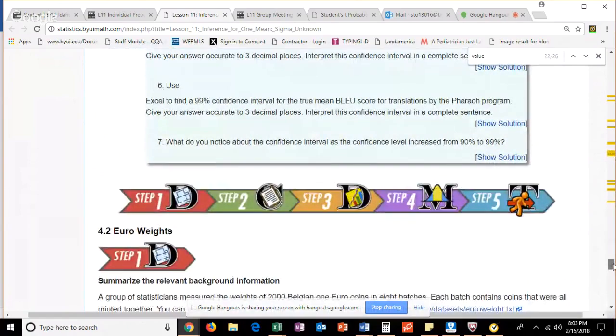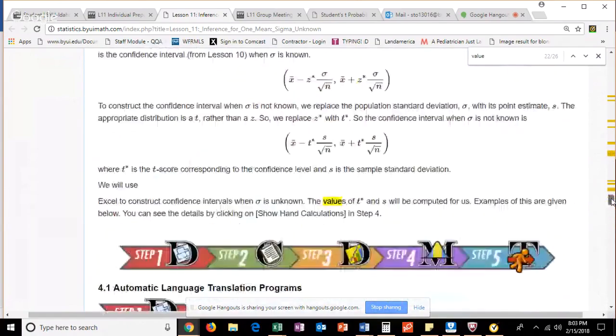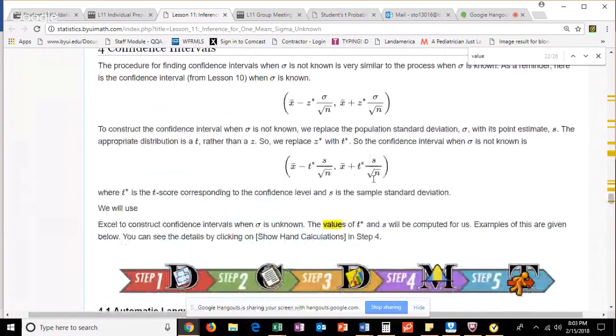But that right there is the margin of error, not including the x part, the t times that, when the standard deviation is unknown.